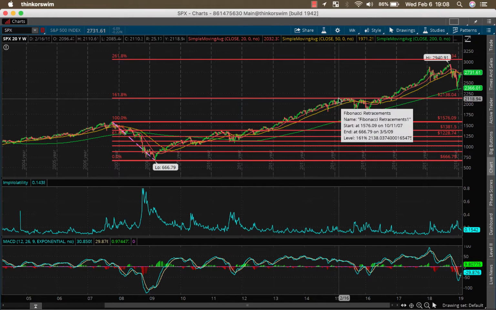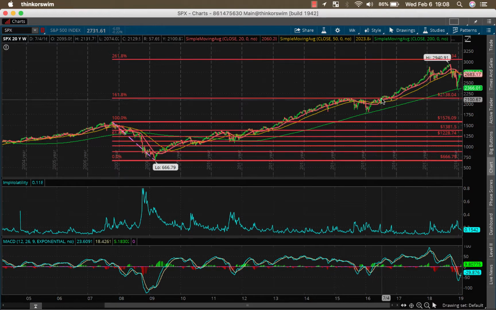So right around February of 2015, we hit that 161.8, and it takes us up until looks like July. So it takes almost 5 months.